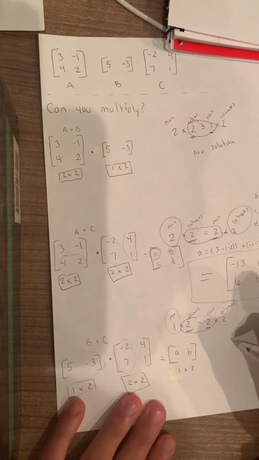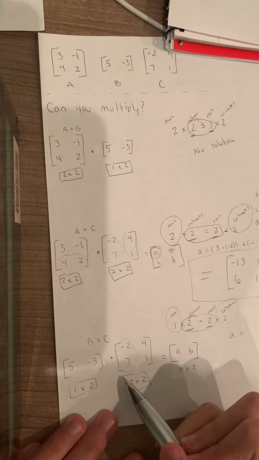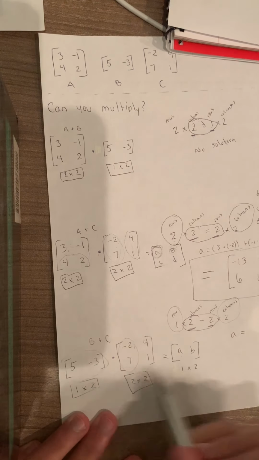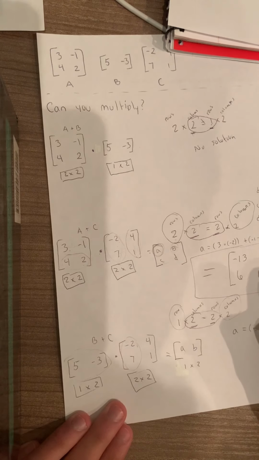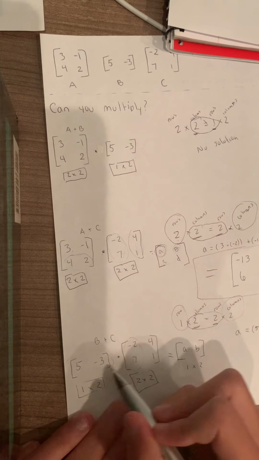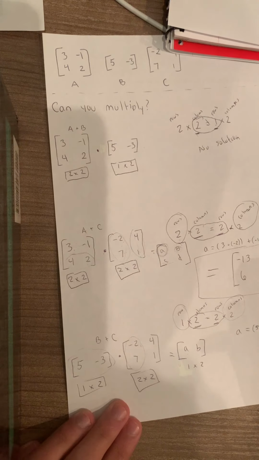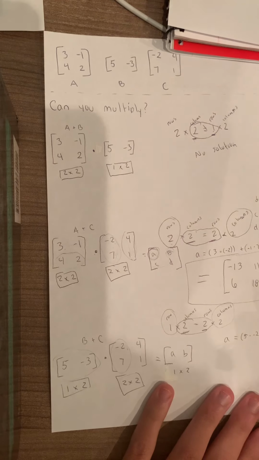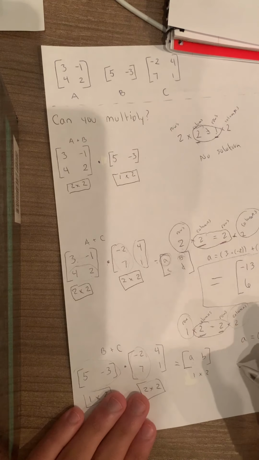So similarly to the other one, we are just multiplying the first numbers and adding that to the product of the second numbers. So 5 times negative 2 plus negative 3 times 7, which equals negative 31. So A equals negative 31.